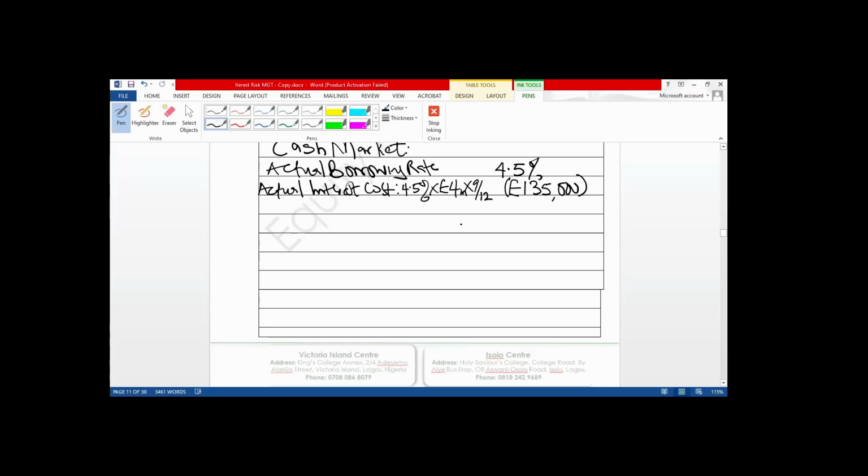But your plan is to pay how much? Your target interest cost. Your plan is to pay 90,000. That means you have overpaid. You have incurred loss. At the money market, we have borrowed at an interest rate above our target.